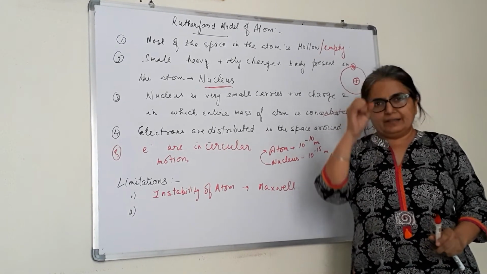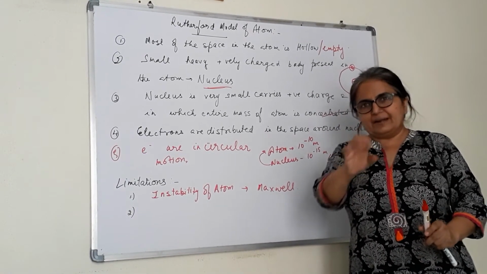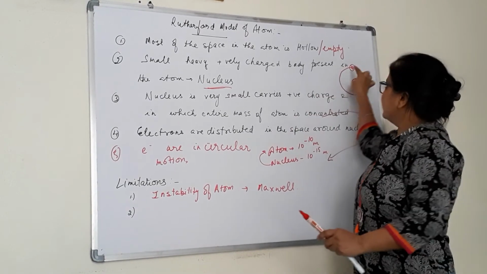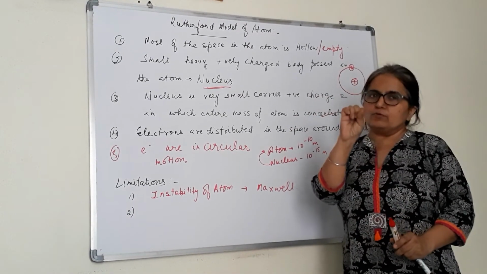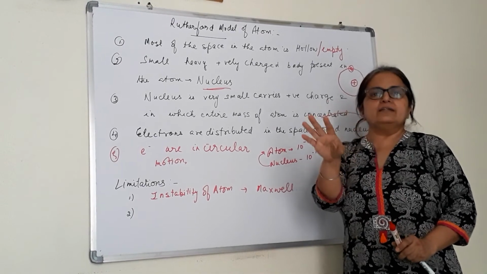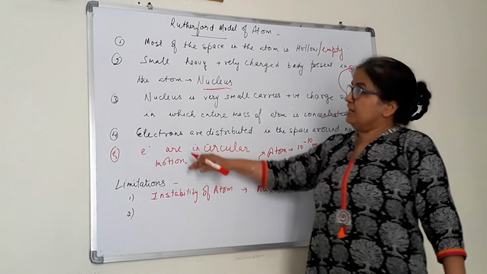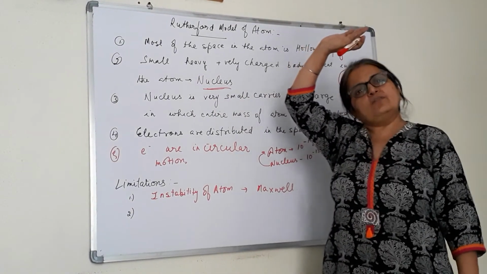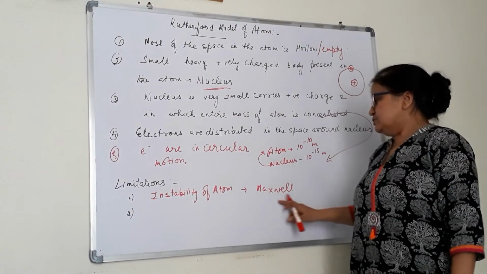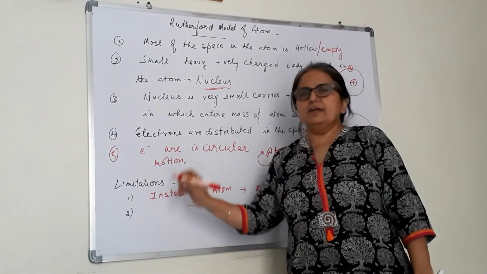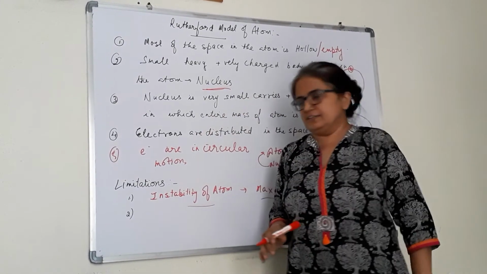It should be attracted, it should lose all the energy of moving. When it is just present here, there will be an electrostatic force of attraction between the two, and the atom should collapse, it should not be stable. So for many years Rutherford's model was accepted till Maxwell's theory was given. After this was given, it was not considered to be a correct theory.